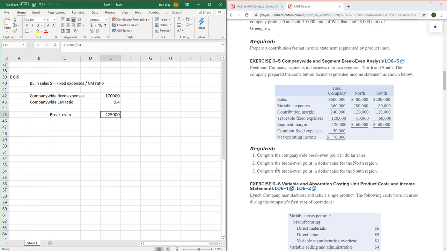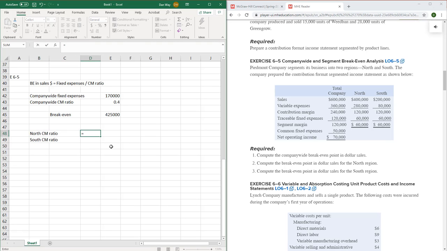Part 2 said calculate the break-even point in dollar sales for the North region. So essentially the same calculation, we just want to be careful about which fixed expenses we include and which CM ratio we use. So let's come up with the North Division CM ratio, and the South, since we're going to need it in a second here.